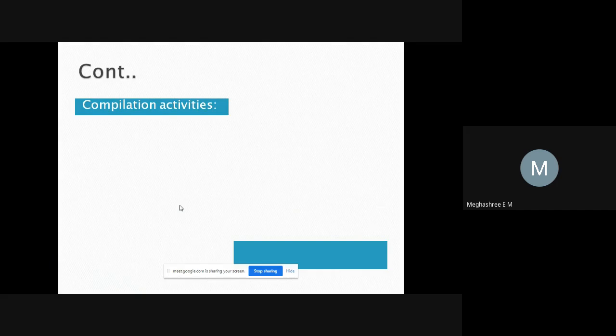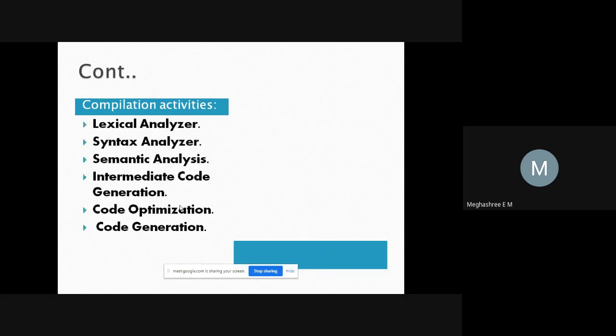Now we'll see what are the different phases in compiler design. I'll repeat it again. What are the different phases of a compiler design? That means when you compile a program, what are all the steps it undergoes? That we will see here.